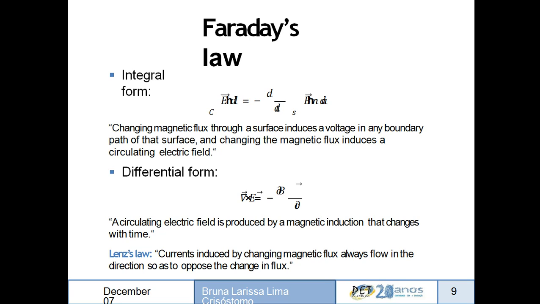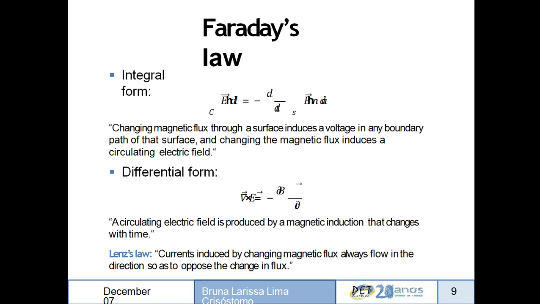What does that mean? The contour integral of E dot dl is equal to minus del by del t of that surface integral. So E dot dl represents the total EMF around the closed loop.